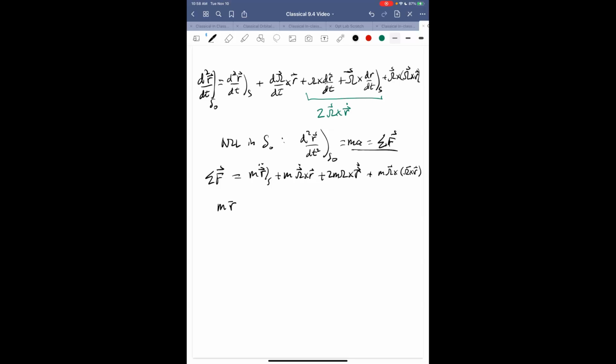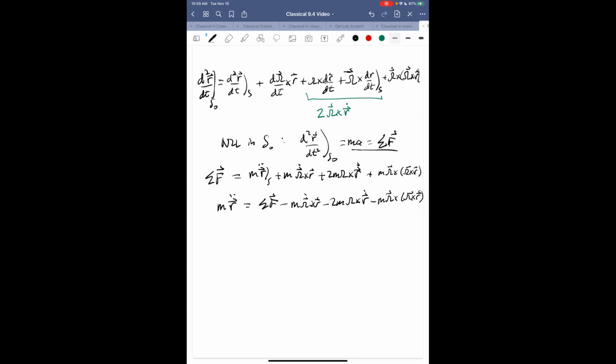M r double dot equals the sum of the forces minus m omega dot cross r minus 2m omega cross r dot minus m omega cross (omega cross r). Whew. That's a lot of terms in there. Let's just make that look a little better.